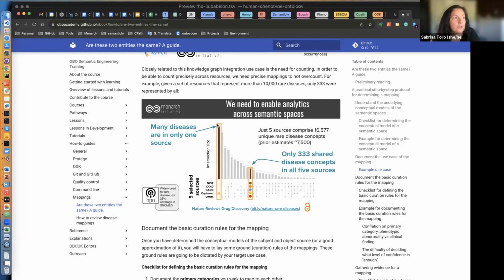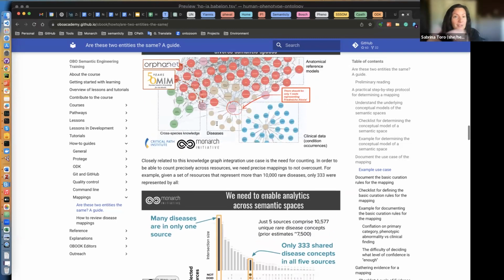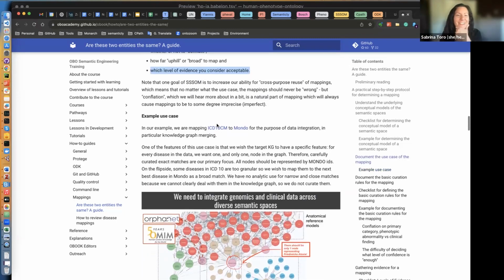How do you reconcile the fact that one group might have a use case and another group might have a different use case, and when those different use cases do not match, what do we do about that?